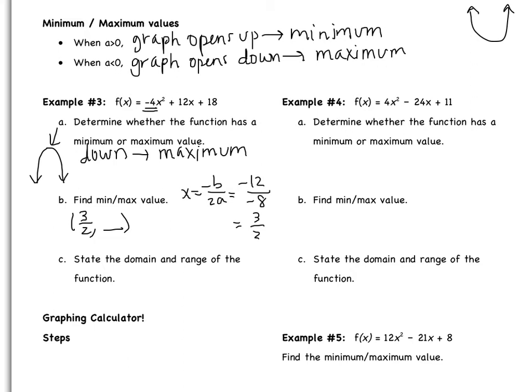So when I do that, I get negative 4 multiplied by 3 halves squared, add 12, multiplied by 3 halves, add 18, and I get 27. So the way to write this is the maximum is 27 at x equals 3/2.